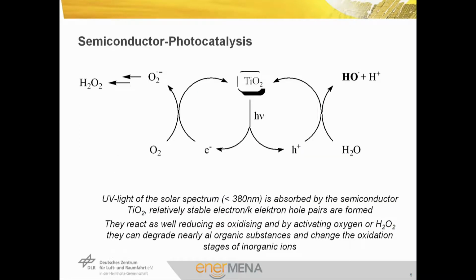The principle of the semiconductor photocatalysis is rather simple. You just put the material, which is a solid, into your water that you would like to treat at sunlight, and with the UV part of the sunlight there are electrons and electron holes formed on the surface of this photocatalyst, and these electron hole pairs react as well as reducing as oxidizing agents by activating oxygen or hydrogen peroxide, and with these very active substances they can degrade nearly all organics and can change oxidation stages of inorganic ions.